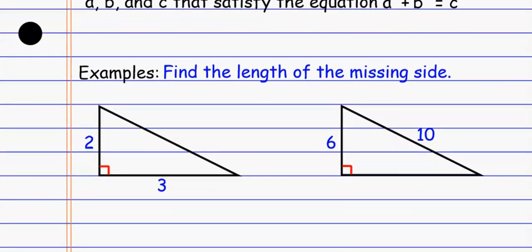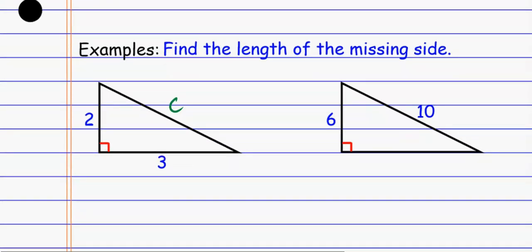For example, if we look at something like this guy, I'm just going to use my Pythagorean theorem to find the missing side. The missing side on this one is the hypotenuse, which I'll call c, because that's what we call it in the Pythagorean theorem equation. So I just plug away. I say, okay, 2 squared plus 3 squared equals c squared.